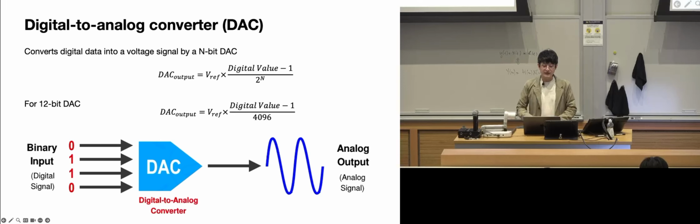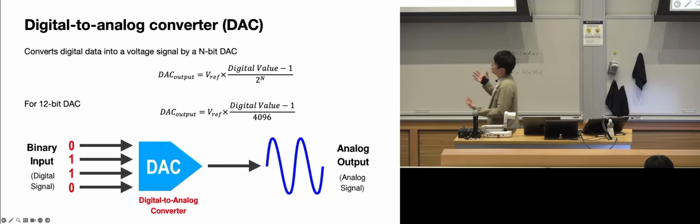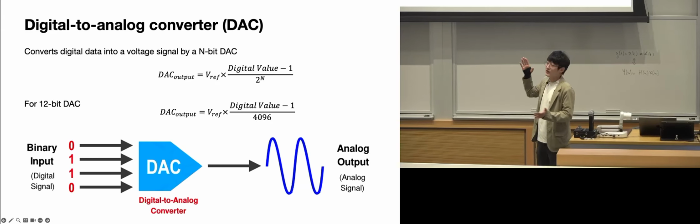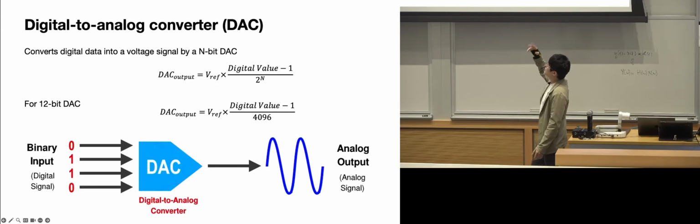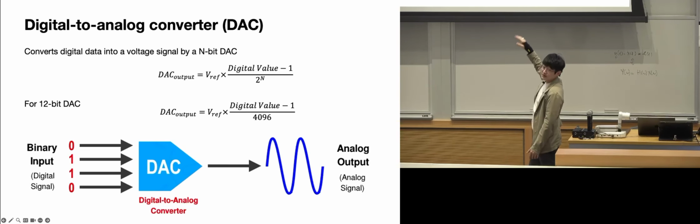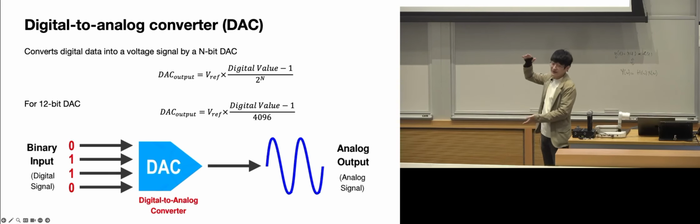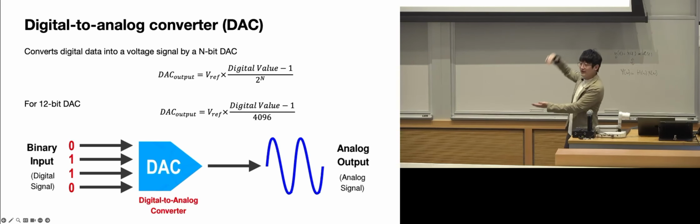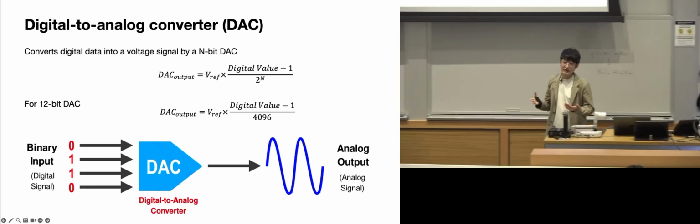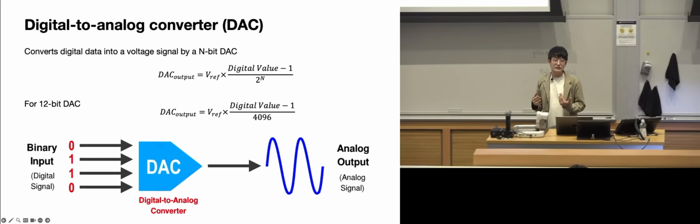Similarly to the ADCs, they also have a conversion process, essentially converting the digital data into a voltage by an n-bit DAC. It's pretty much similar to the ADC. You have a V reference, and depending on how many bits you have on the DAC, you divide that into the amount of steps you have. Then it depends on the digital value: you divide that by the steps to find out where in that ladder your value is, and multiply that with the V reference, and that gives an output voltage level.